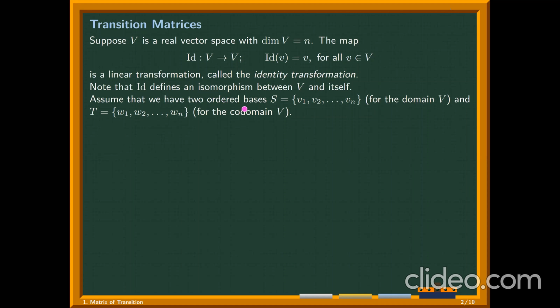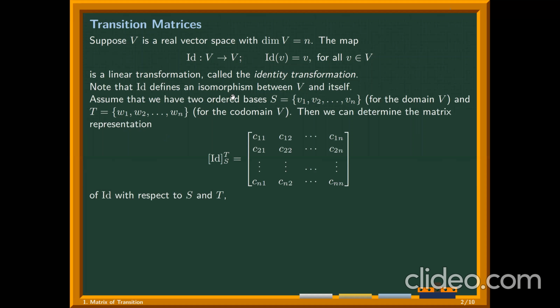Now suppose that we have two ordered bases, for the domain, we have S, and for the codomain, we have T. Then our previous discussion tells us that we can represent this linear transformation by a matrix.